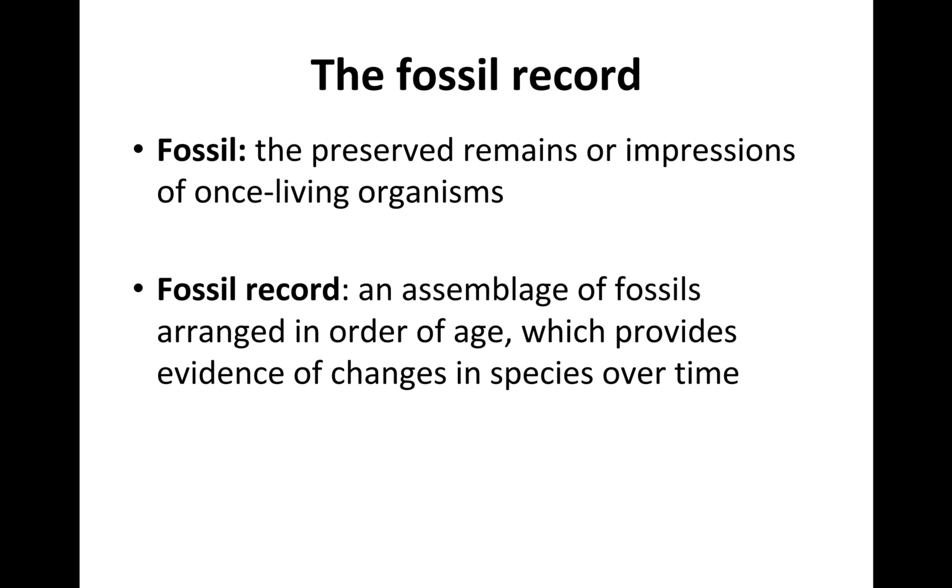All the different fossils that we've collected over the course of time, and the assemblages of these fossils and how they're ordered according to their age, is called the fossil record. And again, this is a huge piece of evidence that life has changed over time and therefore species have changed over time.